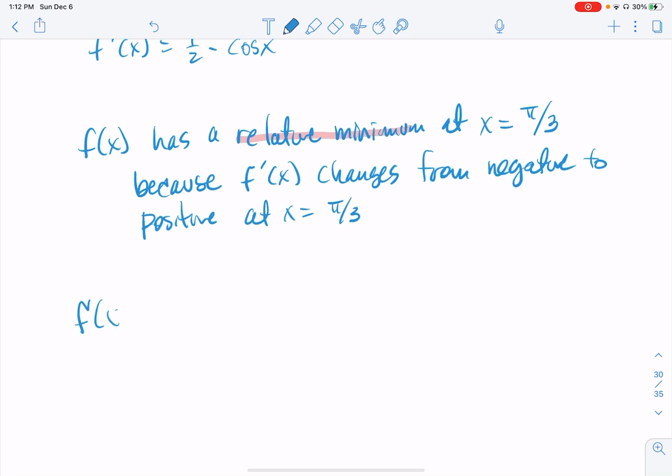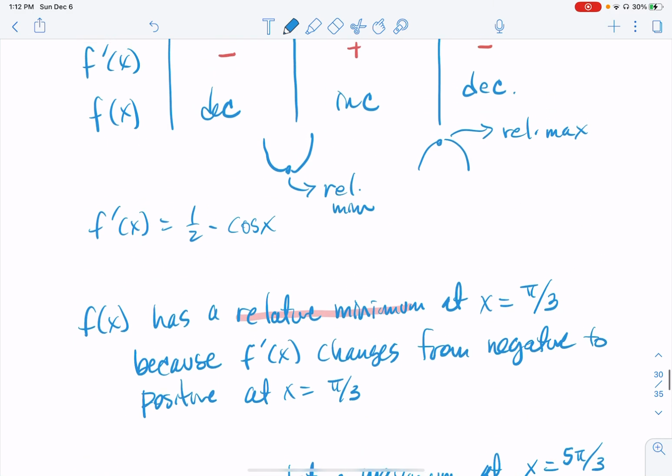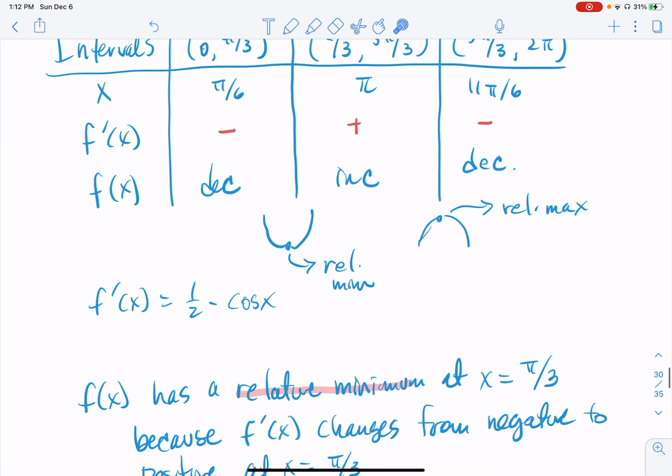So f of x possesses a relative maximum at x is equal to 5 pi over 3 because f prime of x. Now you can think in your head that this goes from increasing to decreasing, but if it's increasing, that means the first derivative was positive.